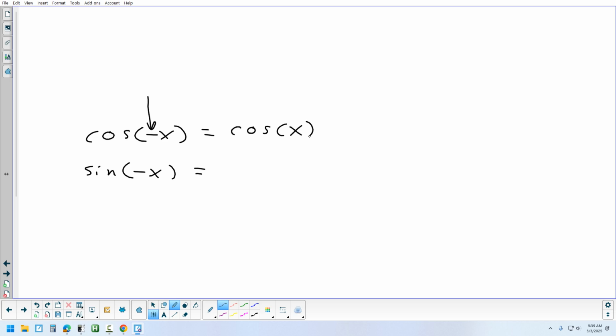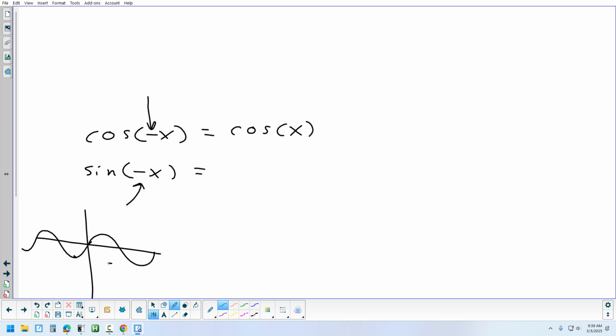Now, with sine, you can't do that. If you draw the sine function, it looks like that. If you reflect it horizontally over the y-axis, this point would end up down here. So no, it doesn't land on the same thing if you flip it left to right.